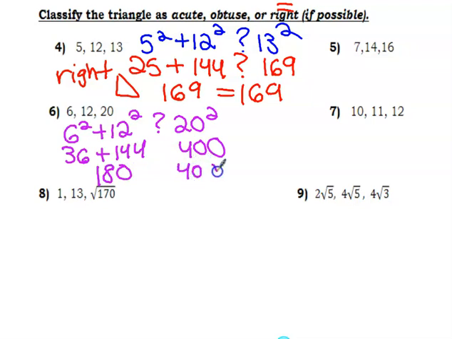So in this situation, the 400 is bigger. So what kind of triangle is it? It's going to be an obtuse triangle. So again, if the c squared is bigger, you've got an obtuse. All right, so we've got a right triangle and an obtuse triangle. Fantastic.